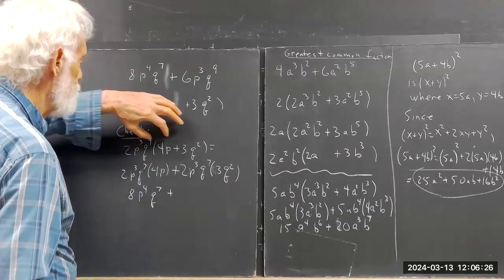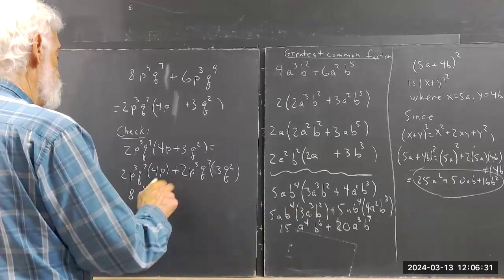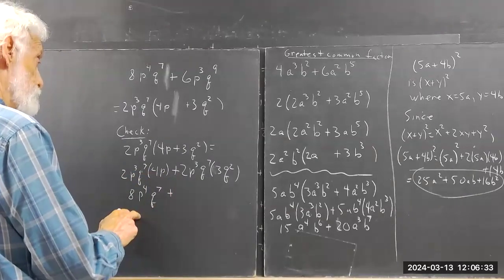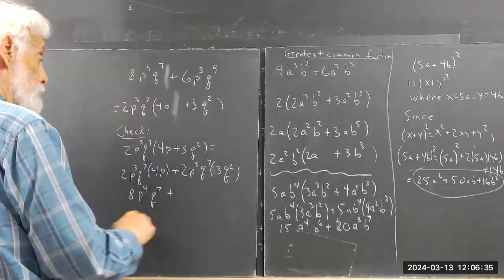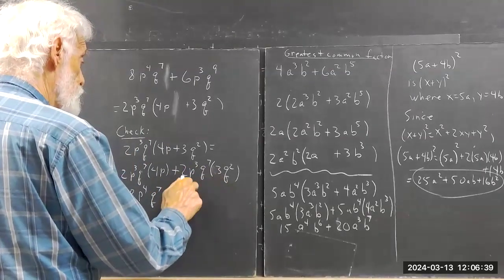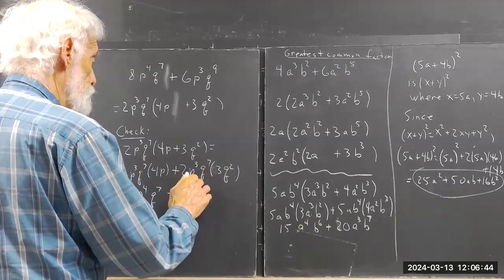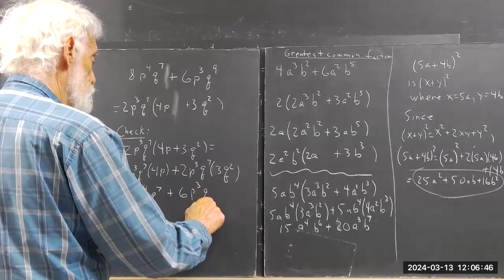Okay, again, this times this here, this times this here. Then multiply this, I get this, which agrees with what I have up here. Multiply all this out, I get 2 times 3, which is 6. P cubed, no P's, so we end up with a P cubed. Q to the 7th times Q squared is Q to the 9th.